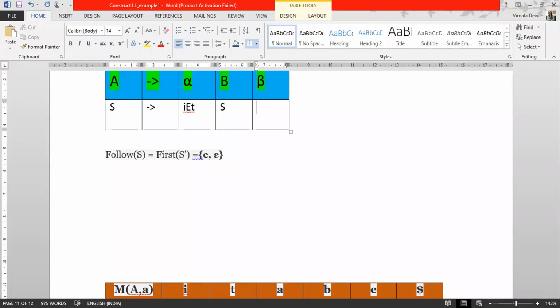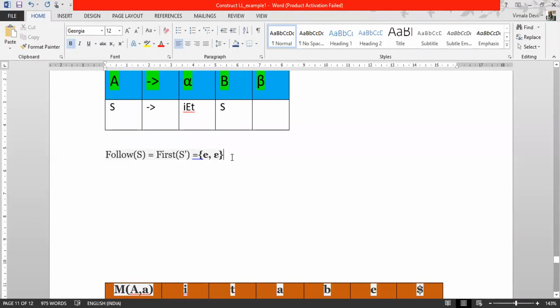If you replace this S' by epsilon, this is the rule we are getting now, right? It is in the format A derives alpha B. Whenever the rule is of the format A derives alpha B, this is the third rule, right? So for the third rule, how do you compute follow of B?